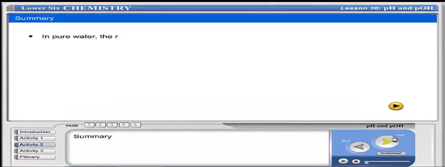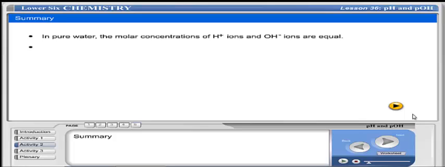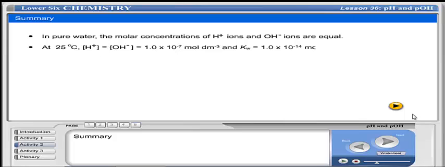Summary: in pure water, the molar concentrations of H+ ions and OH- ions are equal. At 25 degrees Celsius, concentration of H+ ions is equal to the concentration of OH- ions is equal to 1.0 times 10 to the power of minus 7 mole per cubic decimeter, and Kw is equal to 1.0 times 10 to the power of minus 14 mole squared per decimeter to the power of 6.